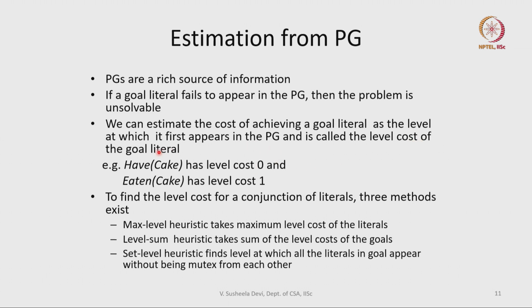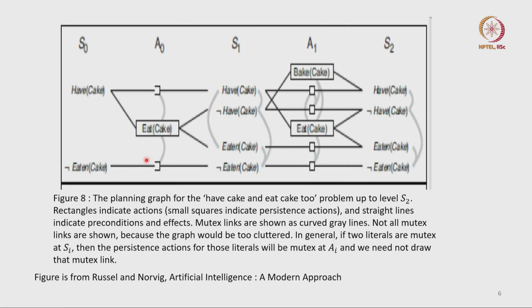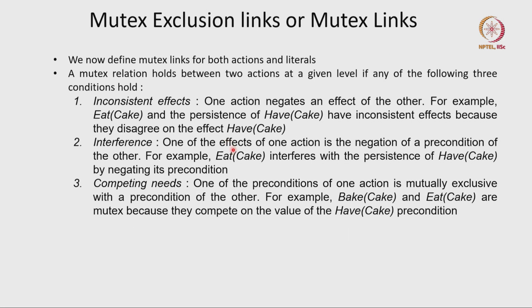So we can see from the previous figure, have cake appears here, so it has a level cost of 0. And not have cake has a level cost of 1, and eaten cake has a level cost of 1, etc. So we can see when it first occurs, and that will give you the level cost of that.